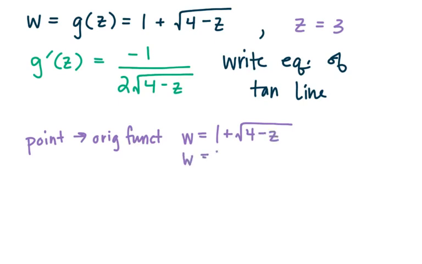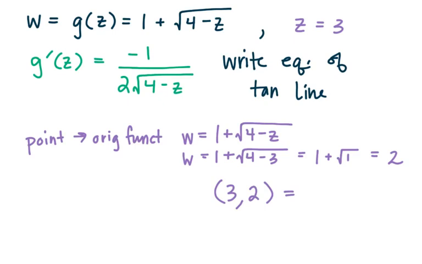In this case, w equals 1 plus the square root of 4 minus 3, which is 1 plus the square root of 1, or 2. So I know I have an ordered pair, 3, 2. That is equal to z, w. We're just using z and w instead of x and y in this situation. Now I have a point.